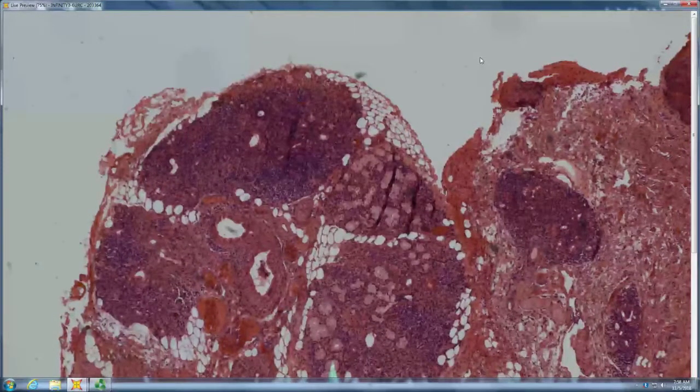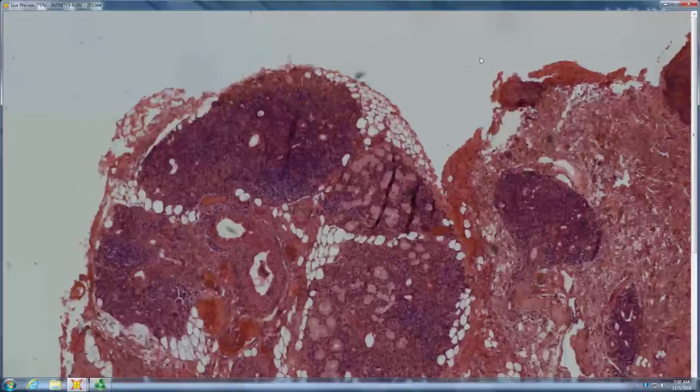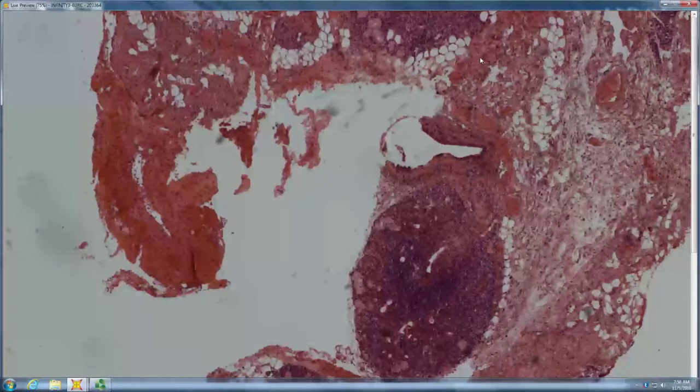And are they happy minor salivary glands? They're pretty inflamed. Do you have big lymphoepithelial islands? Yes. And do you have multiple large aggregates with more than 50 lymphocytes? They're Sjogren's. So this is Sjogren's, right? And so biopsy for Sjogren's is one of the things that we do.